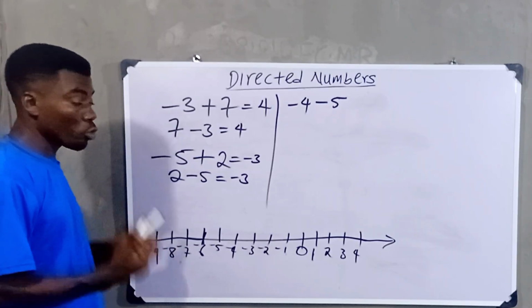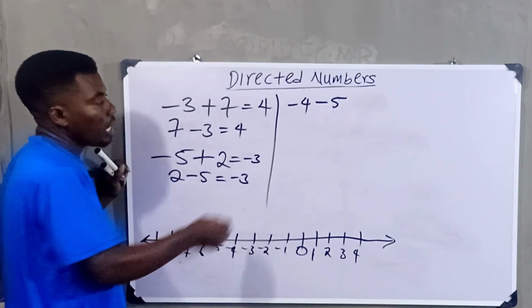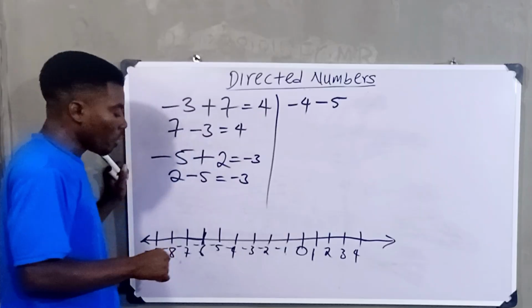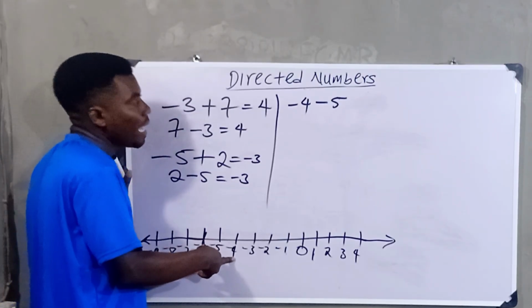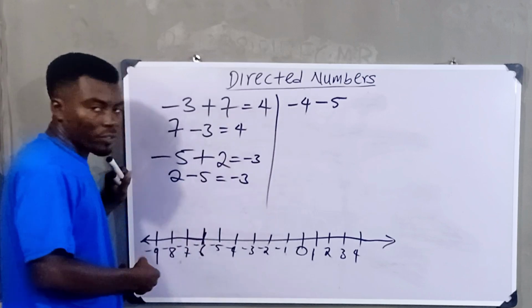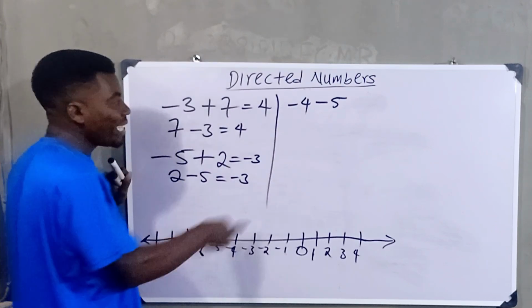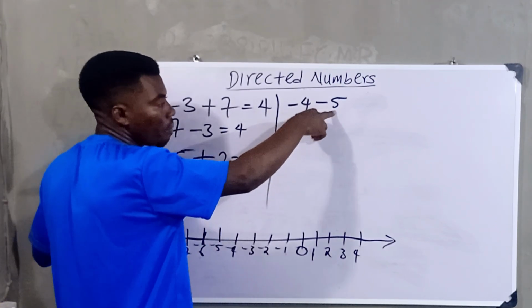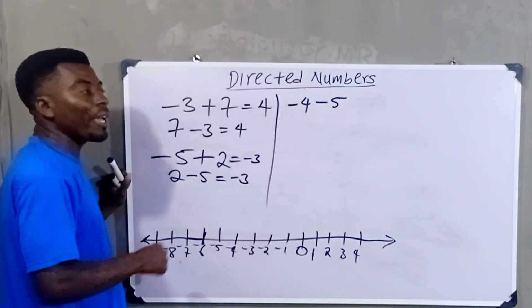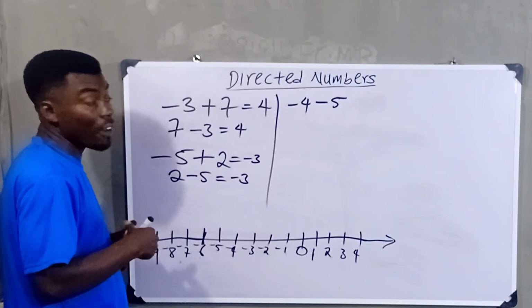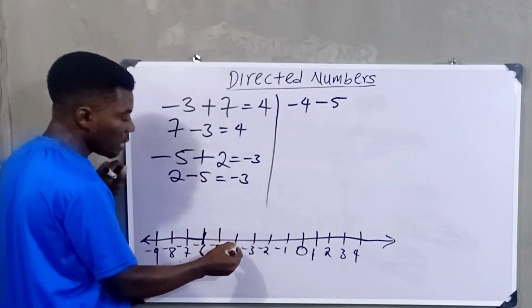Well, without stressing our mind, let's locate negative 4 on our number line. Negative 4 is here. And minus means left. So we will decrease it by 5. That means we'll move towards the left 5 times. So this is negative 4.